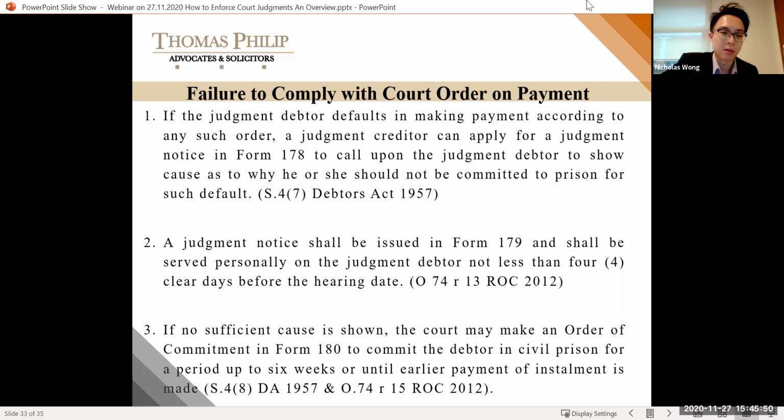So I think that's a common theme you will see with all these different execution procedures, which is that it is there to make sure that the JD cannot run away from their obligations to pay, but neither is it there to basically put all of these people out of business and bankrupt all these people, because that does not help anyone as well, right?